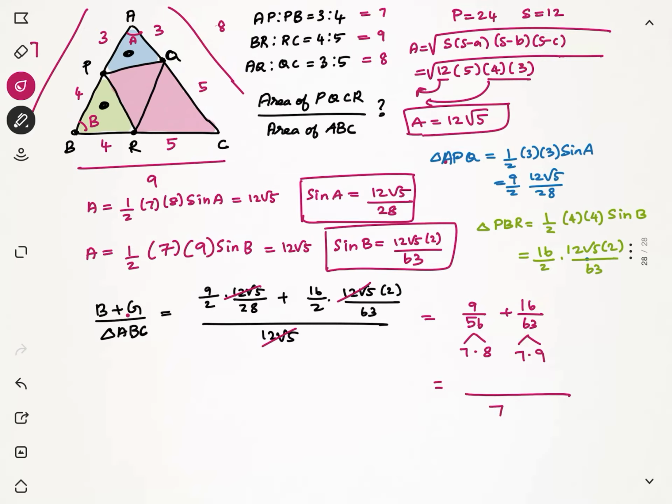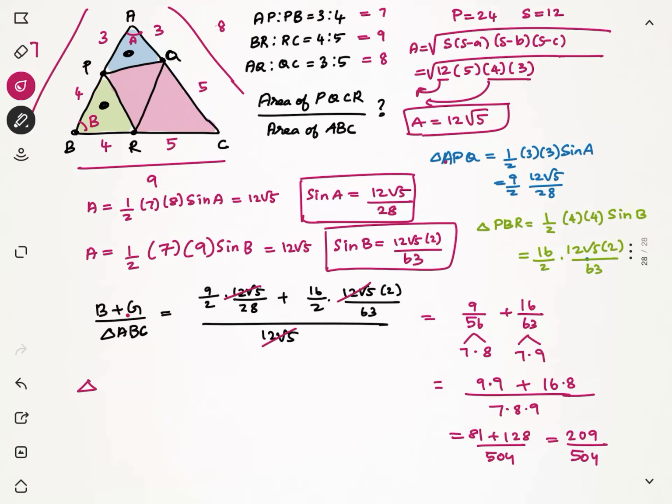So if I take LCM, 7 into 8 into 9 is my LCM. So 9 becomes 9 into 9 because 7 into 8 into 9 plus 16 into 8. So this is 81 plus 128 by 504, which is 209 by 504. So this is the ratio of blue plus green color area by ABC.